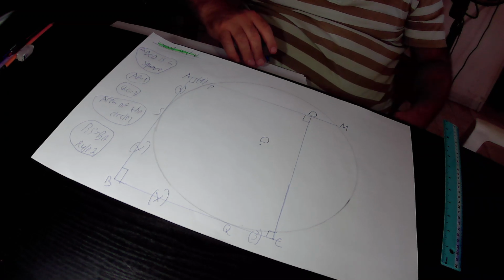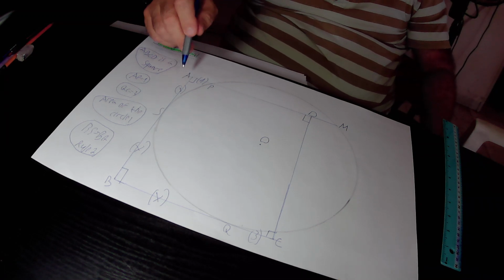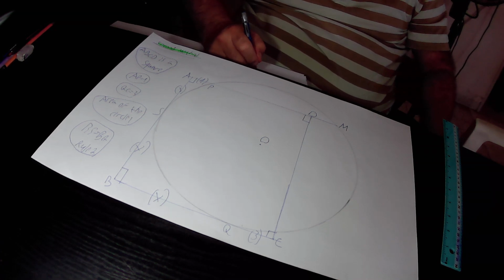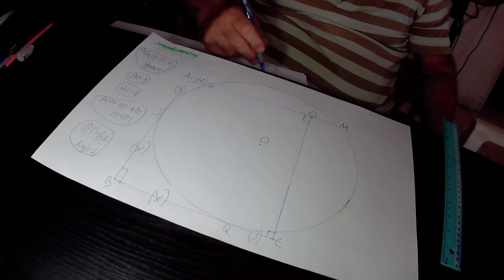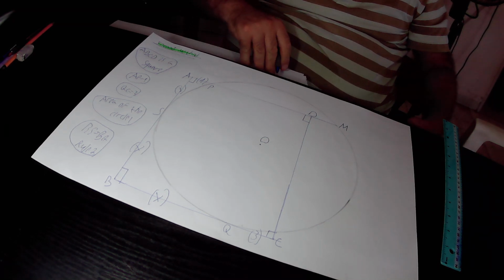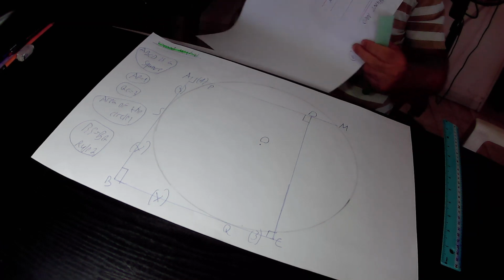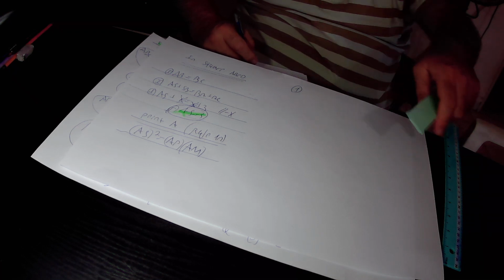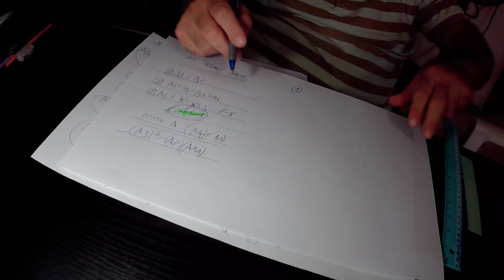According to rule 10, the following equation is true: AS square equals AP times AM.